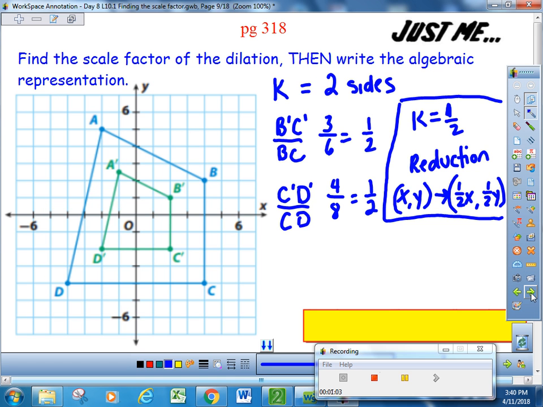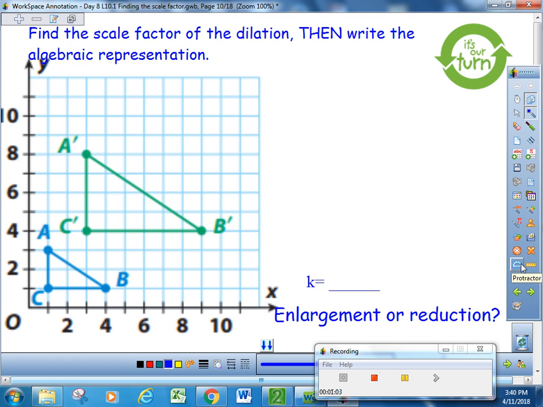All right, so let's try one together. This is on the back side of your note sheet. And we're going to find the scale factor, and then we're going to write the algebraic representation and also determine enlargement or reduction.